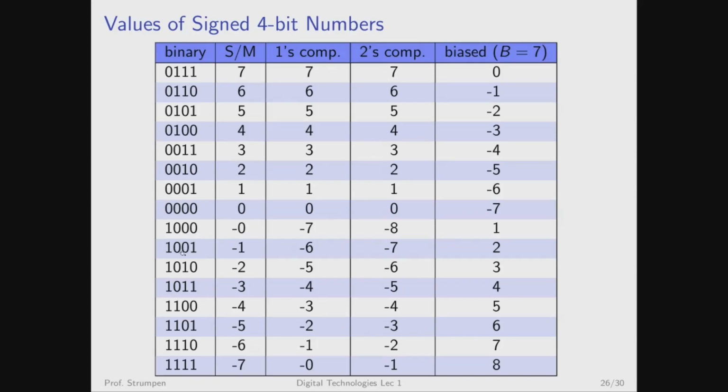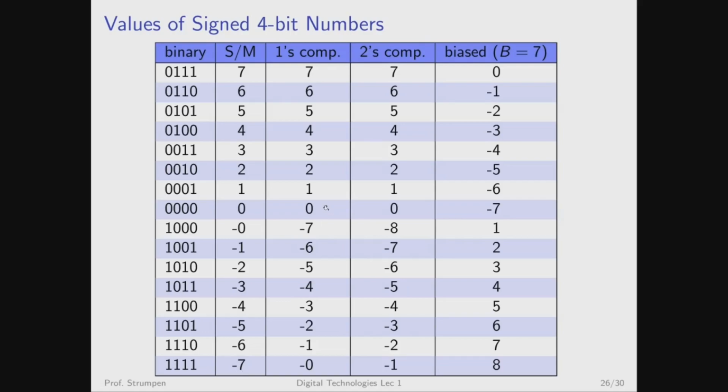This one here is a negative number with magnitude 001, which is decimal 1, all the way down to 1, 1, 1, 1. This is a negative number with value 1 plus 2 plus 4 is 7, so the overall value is negative 7.